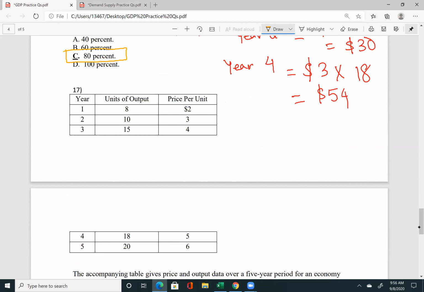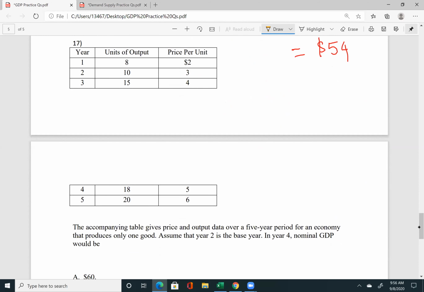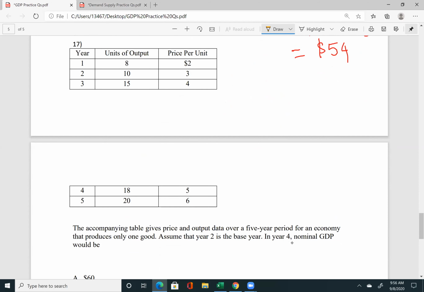In this one, they are asking what is the nominal GDP in year 4? They still have year 2 as the base year, but because we are calculating the nominal GDP, I do not really need this information.